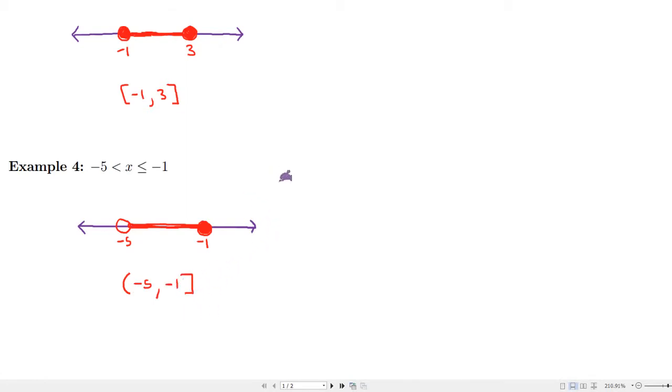Now, just to reinforce what I was just saying, this is actually a compound inequality. This is actually saying -5 is less than x, and x is less than or equal to -1. So you see how you can actually go in both directions, right? I could convert this into this, and I can convert this into this.